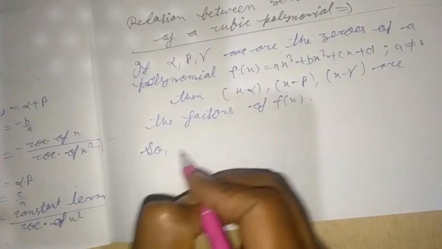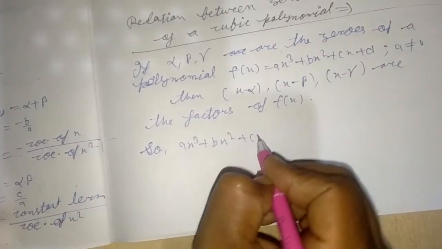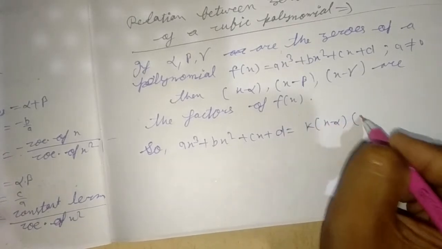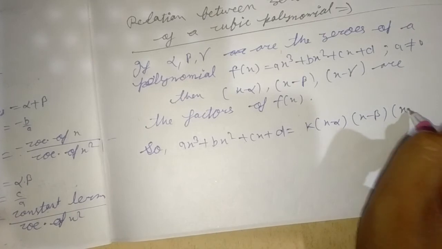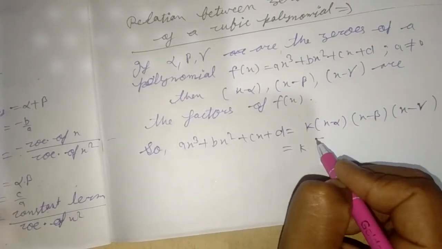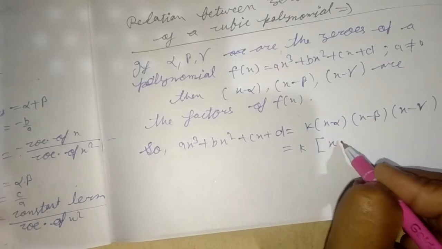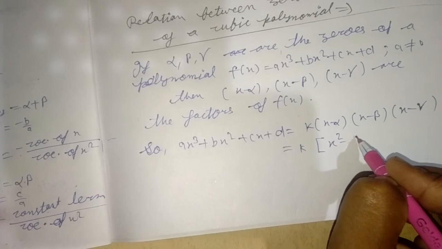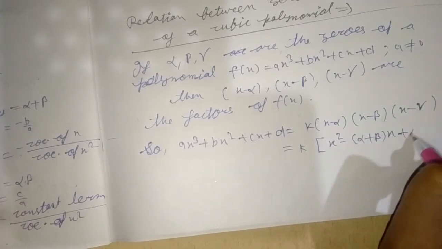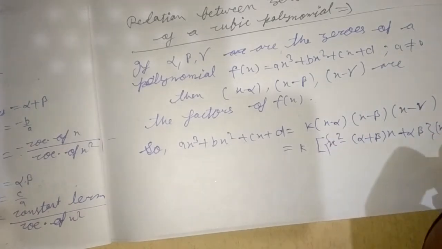So write ax cube plus bx square plus cx plus d equal to k times (x minus alpha)(x minus beta)(x minus gamma). Now multiply x minus alpha and x minus beta, we will get x square minus (alpha plus beta)x plus alpha beta, and in the next bracket x minus gamma.